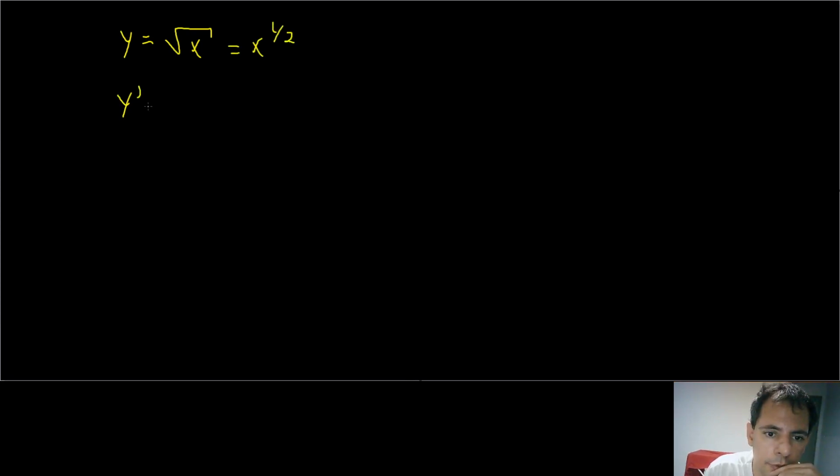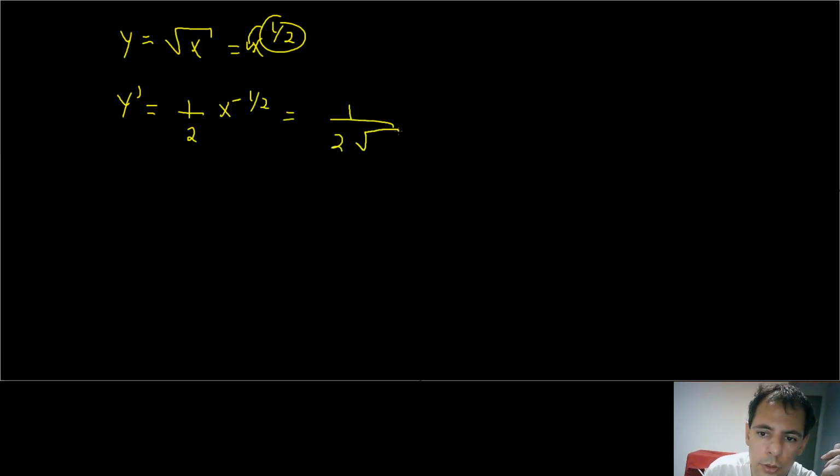So the derivative with respect to x is going to be 1/2, because you want to bring this thing here down. It's going to be x to the half minus 1, which is minus half, which equals 1 divided by 2 square root of x.